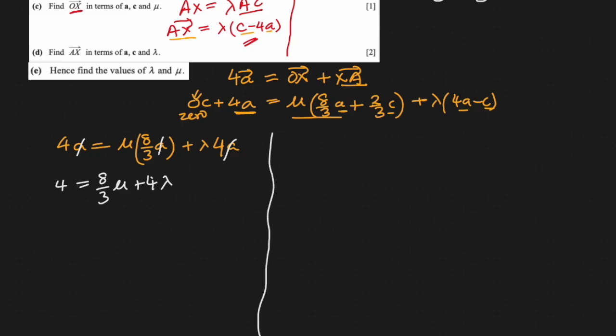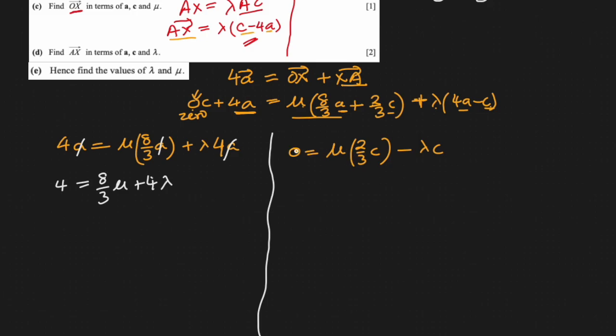Similarly, we'll write one equation for C also. So 0 is equal to mu, this one, and 2 over 3c minus lambda c. Yeah, lambda times c, and minus because of this. This was positive.